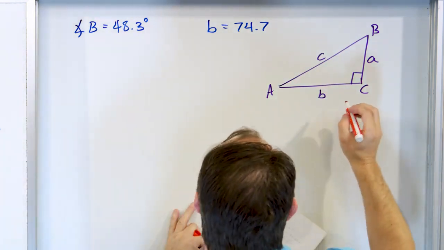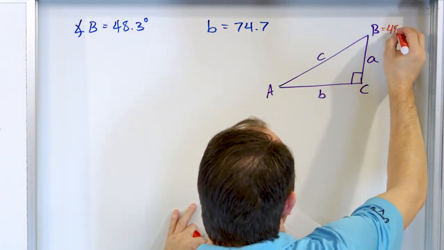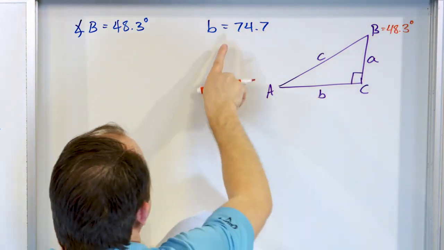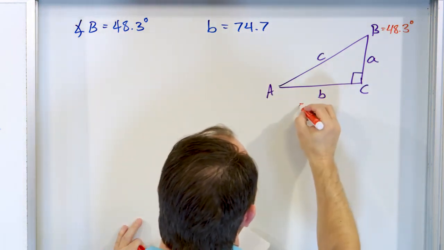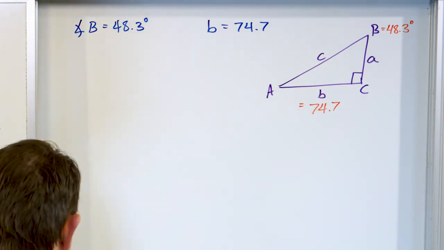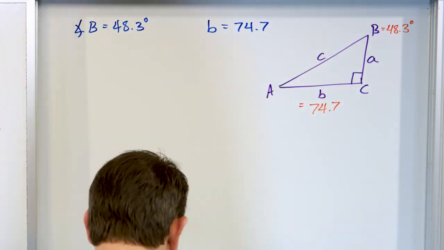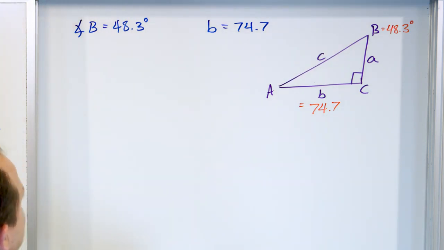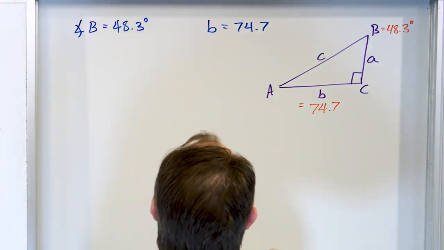Angle B is 48.3 degrees. And then side B, down here, is 74.7 meters or whatever it is. So what do we do first? Well, you really have choices. You can do whatever you want first, but I have two angles here.